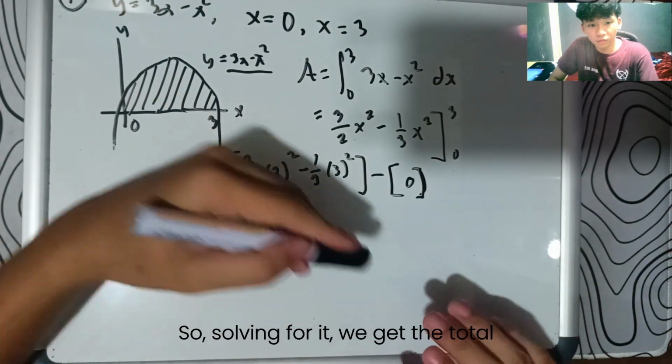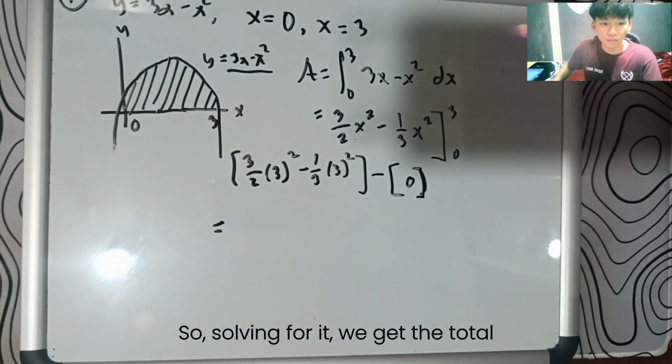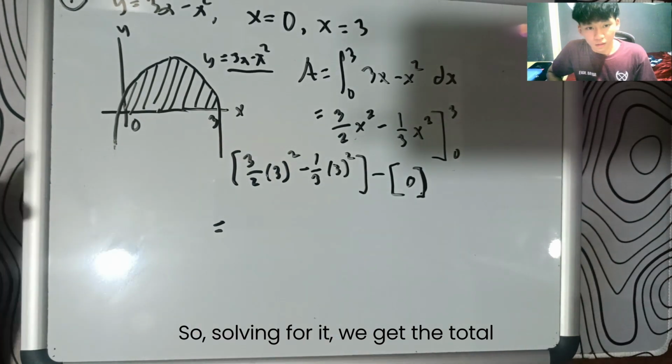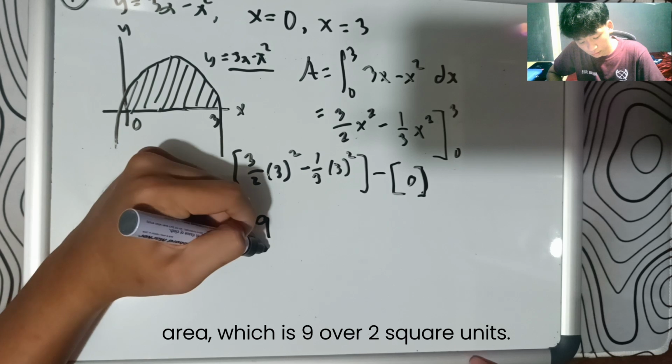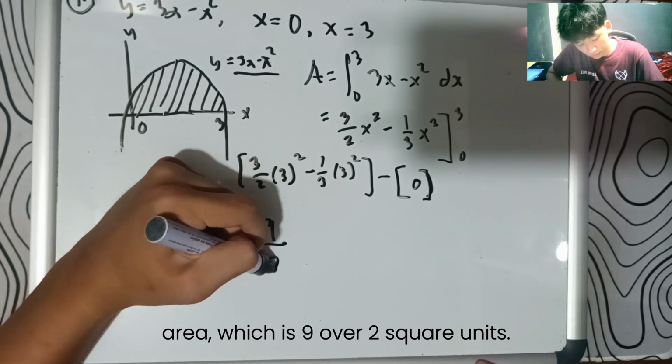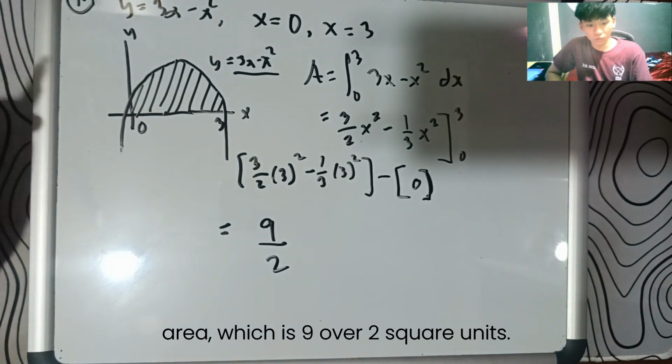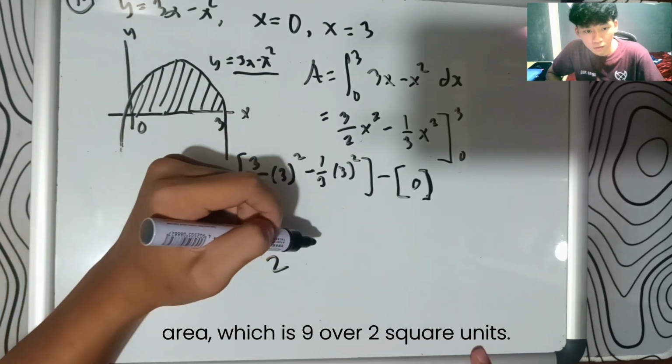So solving for it, we get the total area, which is 9/2 square units.